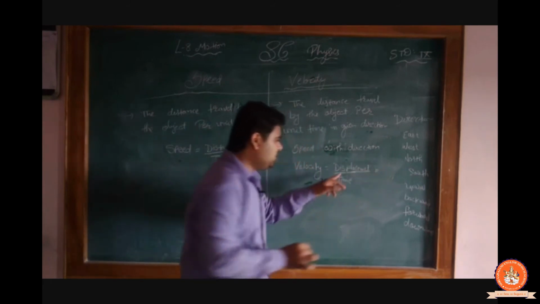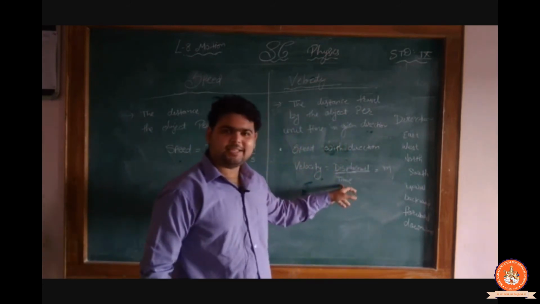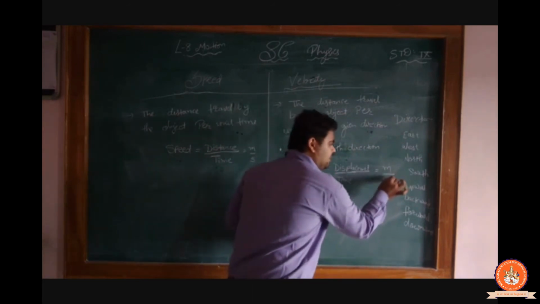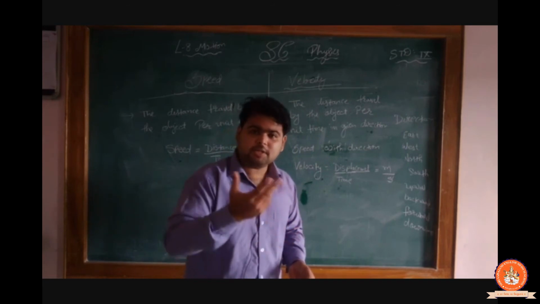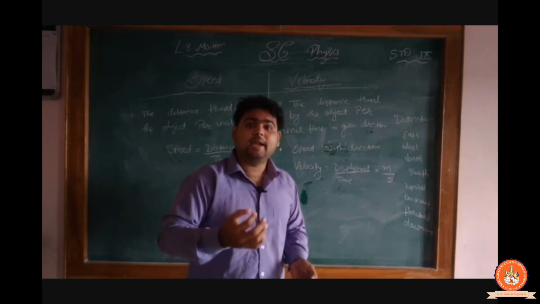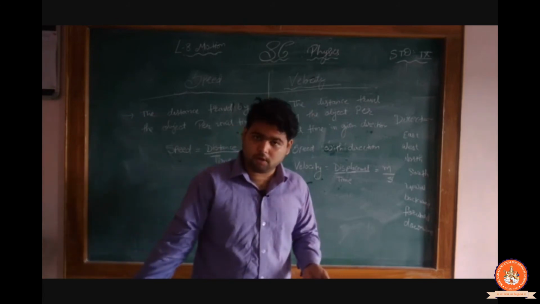Clear? So what is the SI unit of displacement? Of course, it's the meter. And what is the SI unit of time? Time is the second. But I am always saying SI unit. What is the meaning of SI unit? It's the International System of Units, which you can find anywhere in the world. Clear?